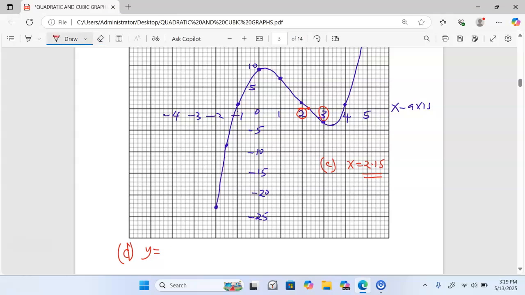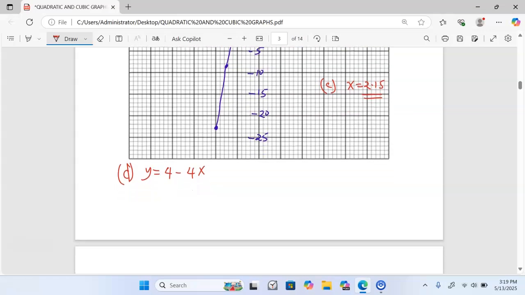You get y equals 4 minus 4x. Right away, that is a straight line. We make a table having x and y. We can assume the value of x to be 0. Then the value of y is going to be 4.